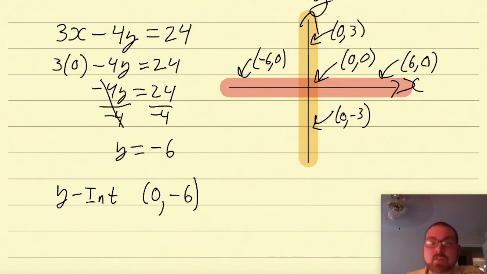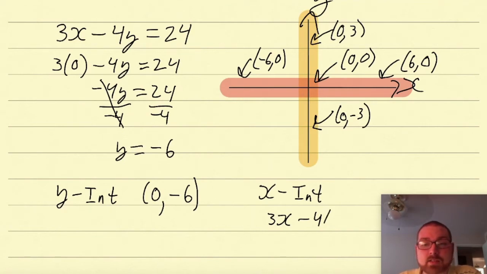So, to find the x-intercept, we need to go ahead and set y equal to 0. So, we can now solve that equation for x.